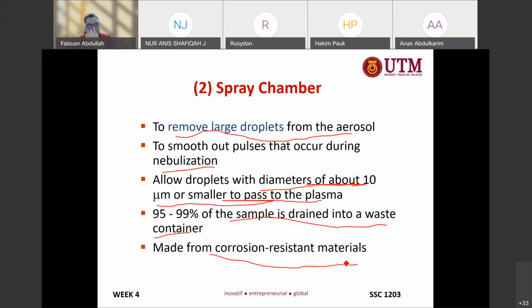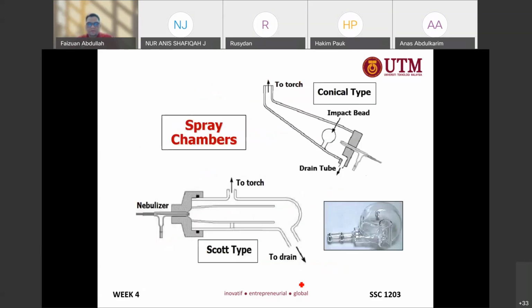So after the sample is transformed into the plasma, the waste goes into a waste container. We have a conical type and a Scott type. This is just for information.